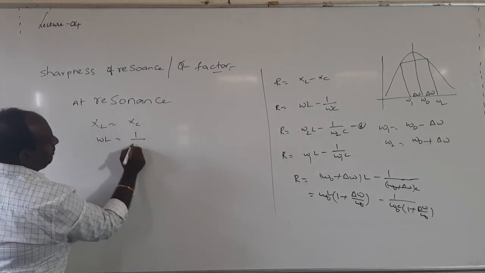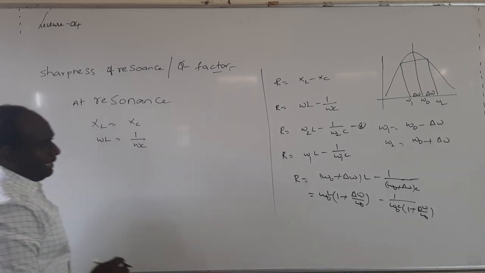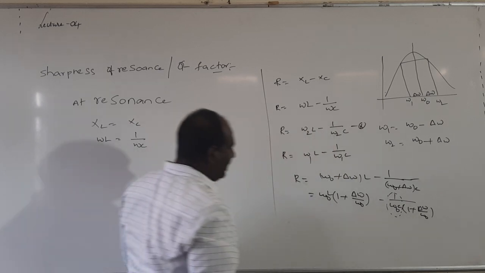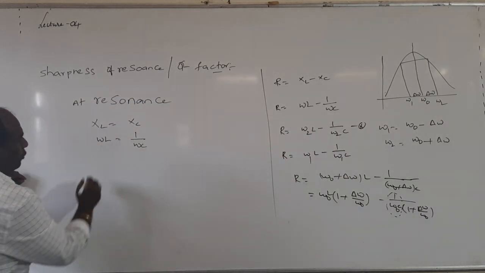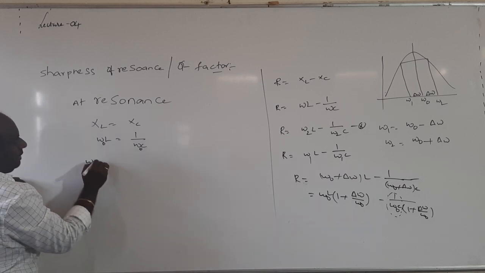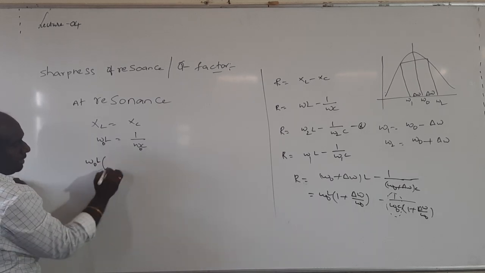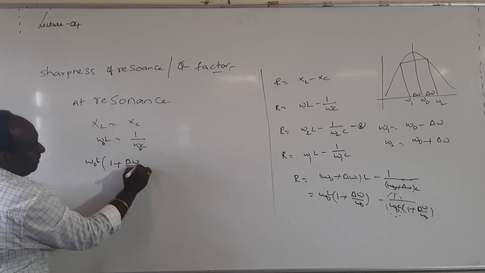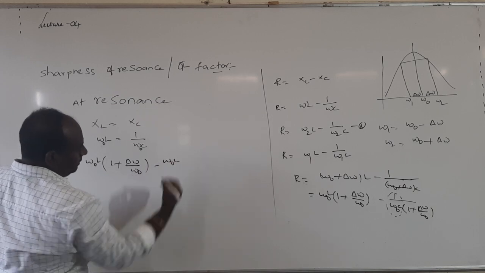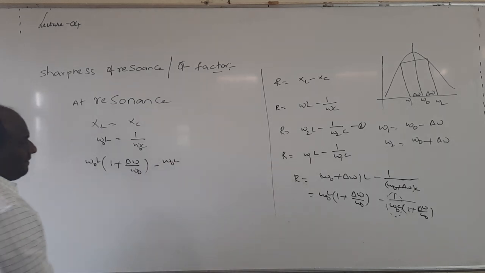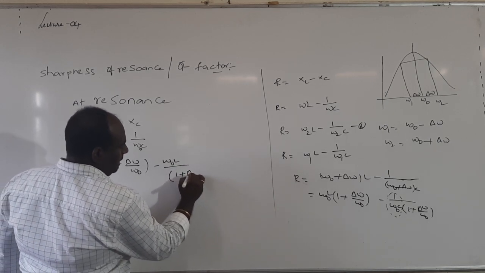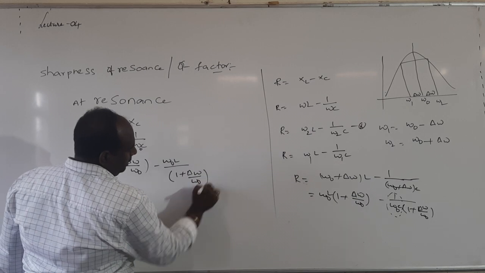Omega L. XC is equal to 1 by omega C. So instead of 1 by omega C, it is replaced by XL, omega naught L. Then we will get omega naught L into 1 plus delta omega by omega naught minus omega naught L into 1 by 1 plus delta omega by omega naught.